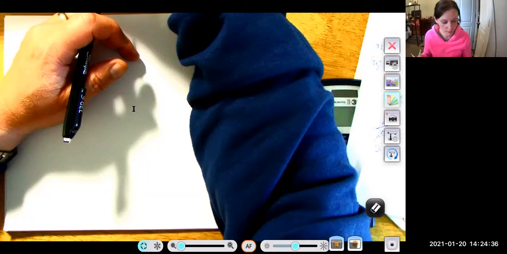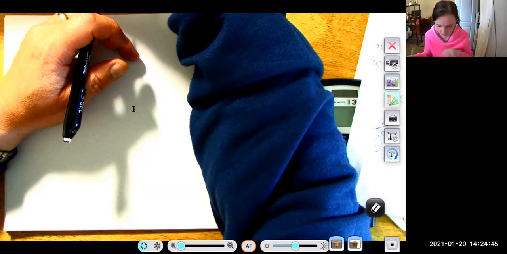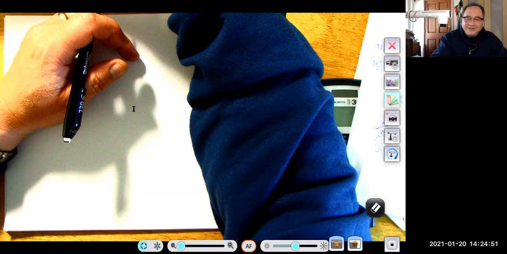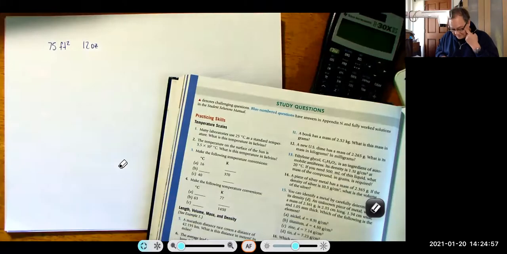Wait, what are you looking at, Number 10 in the back of the book? Oh, I was looking at 10 on the homework. Chapter, I mean, page 50. Okay, sorry. Number 10 on the homework is good too, but misunderstanding on my part.